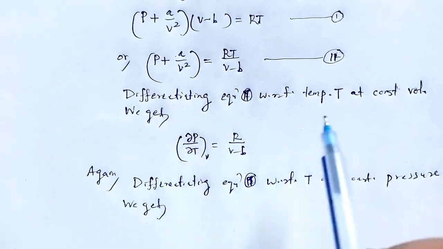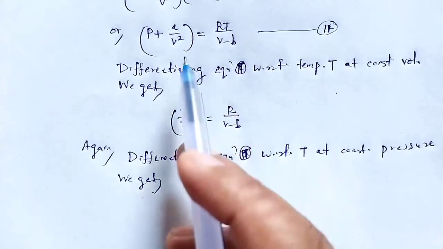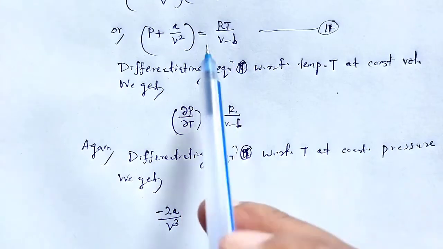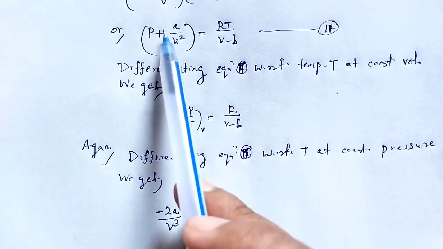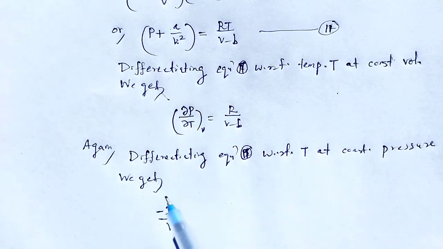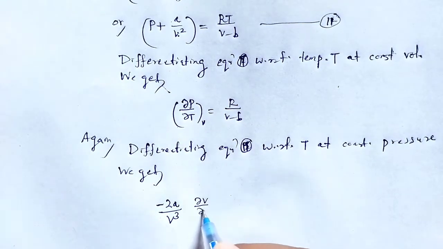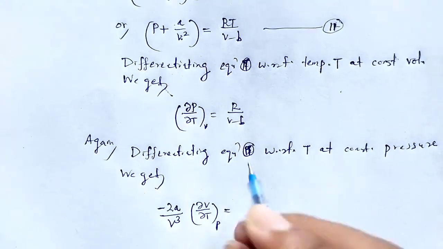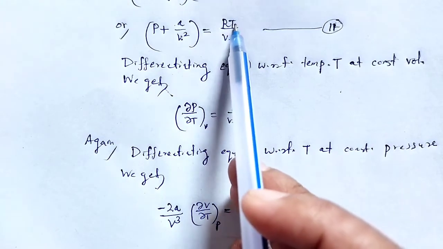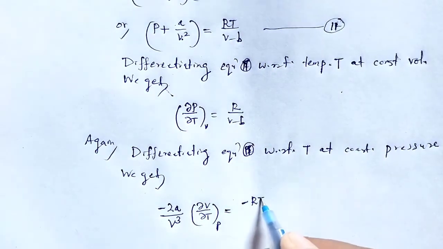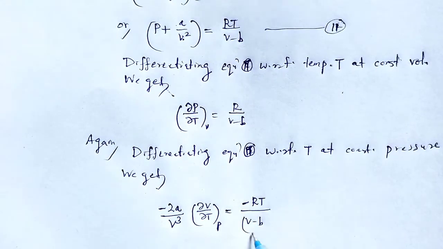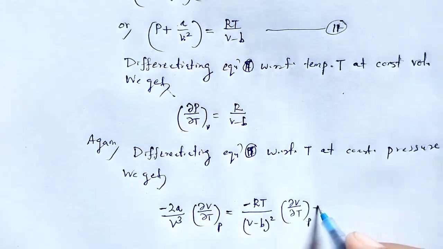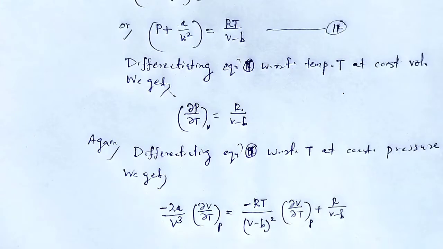It will be minus 2a divided by V cube del V by del T at constant pressure is equal to, the term RT divided by V minus b whole square del V by del T at constant pressure plus R divided by V minus b.